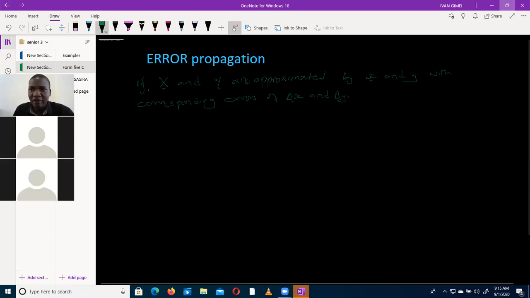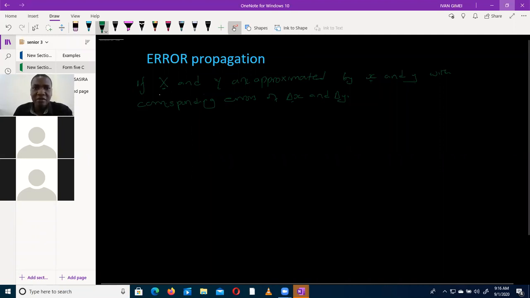They want you to derive the expression for the absolute error in x plus y. Derive the expression for the absolute error in x times y. Derive the expression for the absolute error in x divided by y, and also in x minus y, something like that. So in this case, we're going to deal with unknowns, but what we shall be working out is not far different from what we've been looking at.